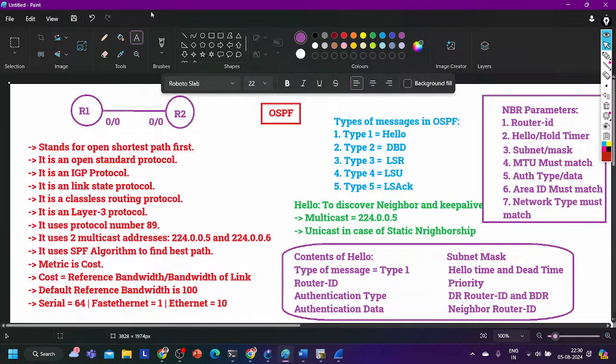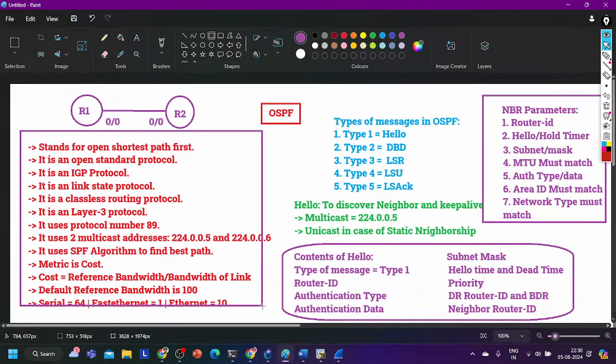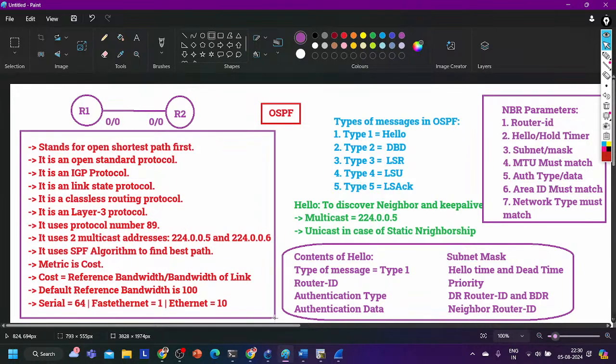These are basic points about the OSPF routing protocol, like what multicast addresses OSPF is using, default reference bandwidth, cost, meaning metric, it is a layer 3 protocol, and classless routing protocol. Protocol number is 89. It is an IGP protocol, open standard, it uses the SPF algorithm. Then types of messages.